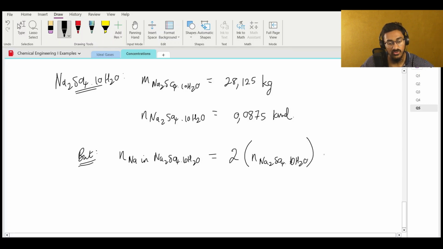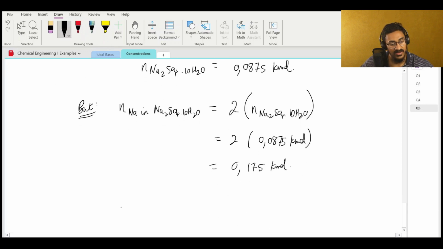So that is equal to 2 multiplied by 0.0875 kilomoles, 0.175 kilomoles.